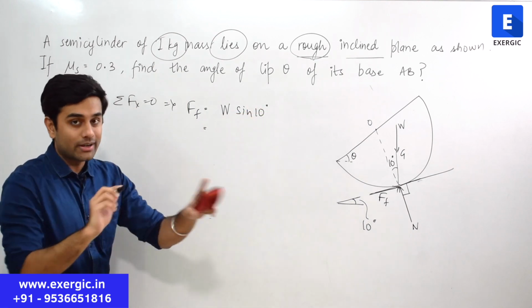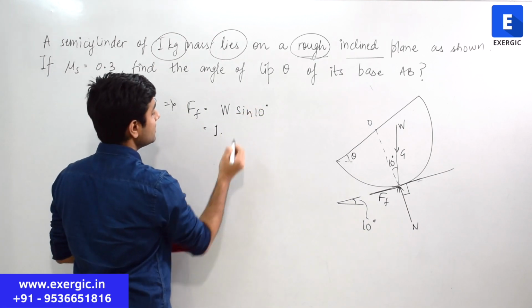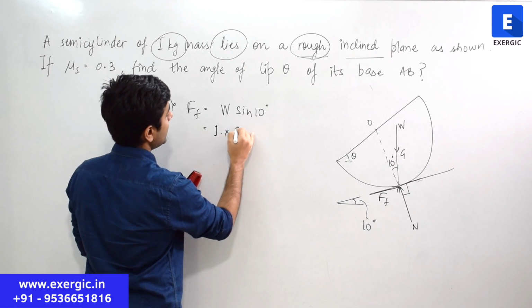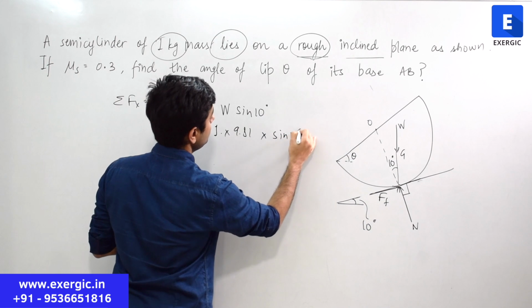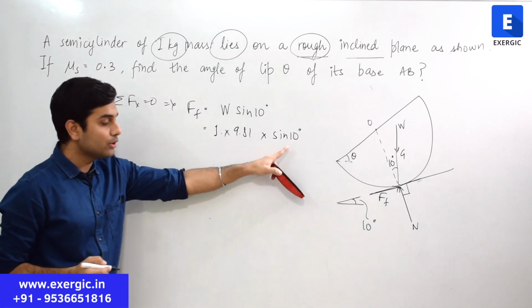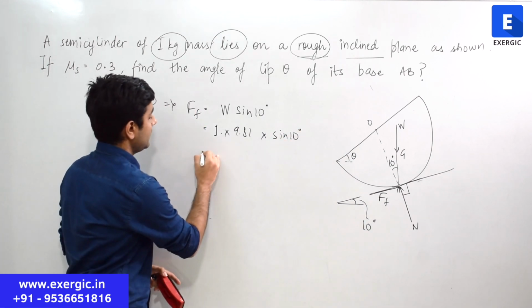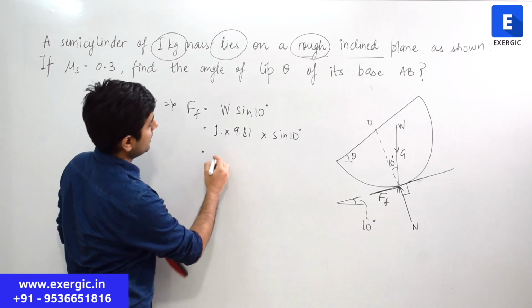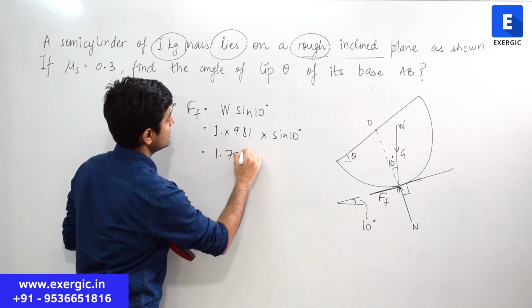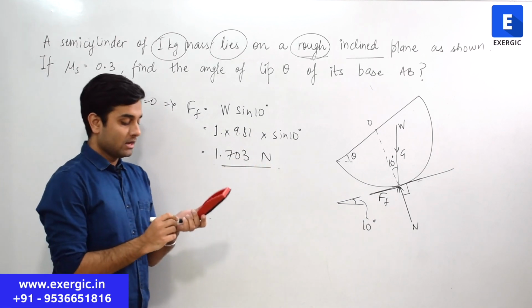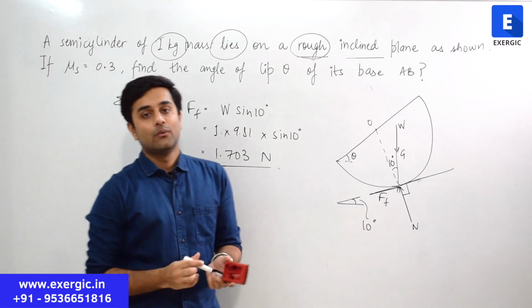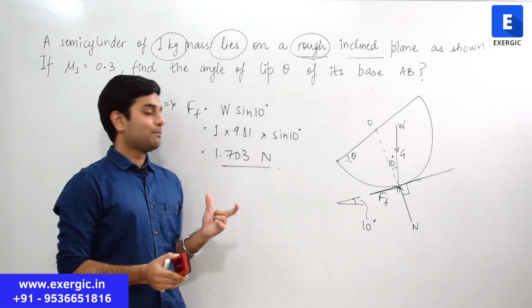G value is not given, so we can consider the G value as 9.81 multiplied by sin 10. This will give you directly the value of friction, which I think will come out to be 1.703 Newton.